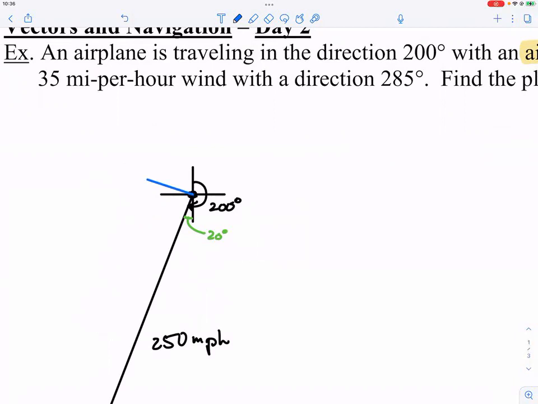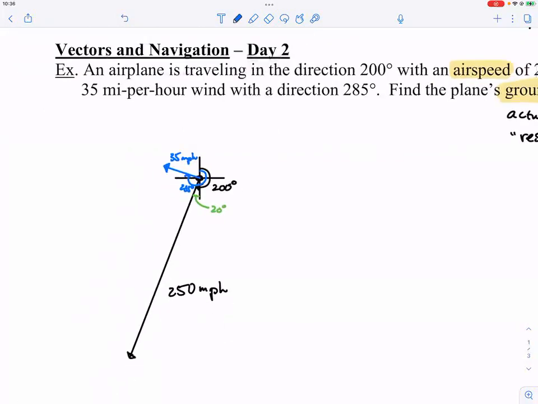And 35 would make it a short arrow compared to the other one. So this whole thing is 285 degrees. And this is 35 miles per hour. Right? So the plane is traveling southwest, but the wind is blowing at a northwest direction.